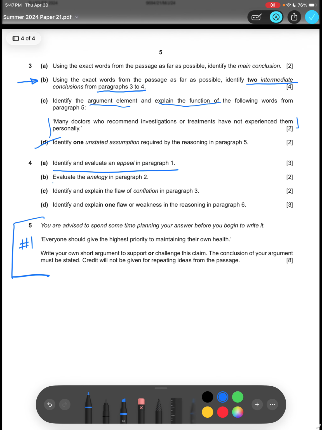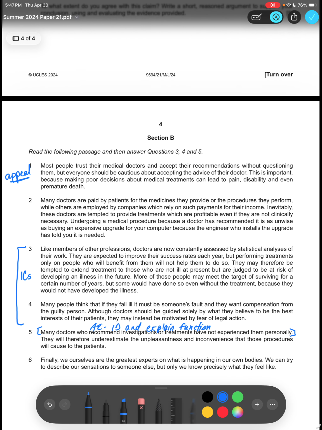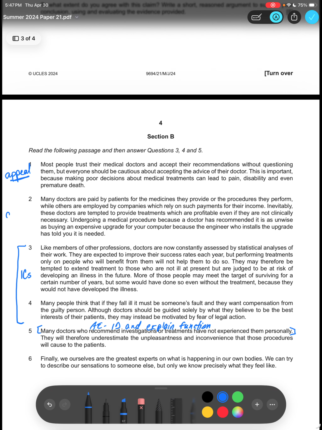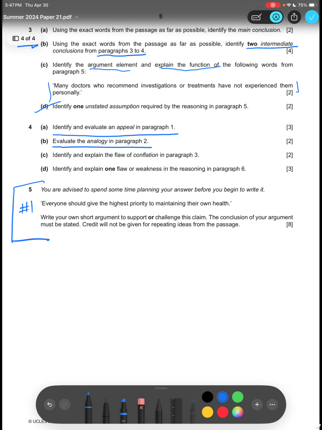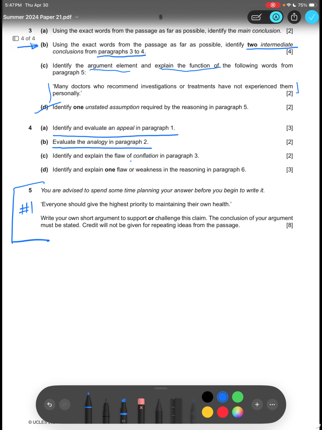Then we're looking at evaluate the analogy in paragraph 2. So I'm going to go to paragraph 2, and I'm going to write analogy. This is going to help me frame my reading of this and know what to do. Identify and explain the flaw of conflation in paragraph 3.